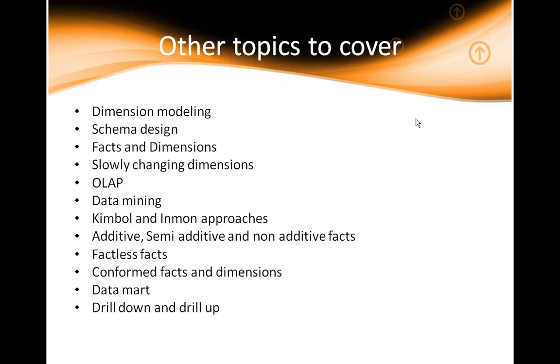Almost every dimension table is a slowly changing dimension. Why do we call that a slowly changing dimension? Once you understand the basic difference between facts and dimensions, you will understand why. I will explain.